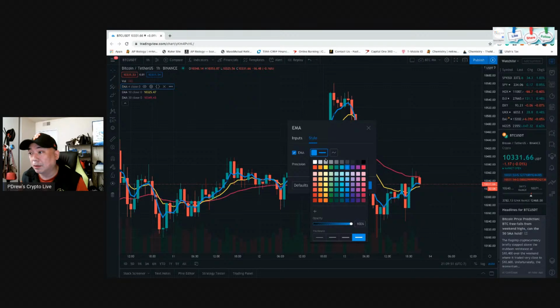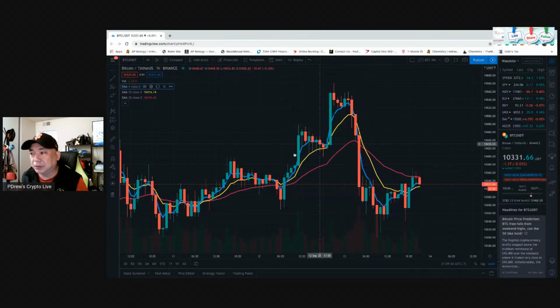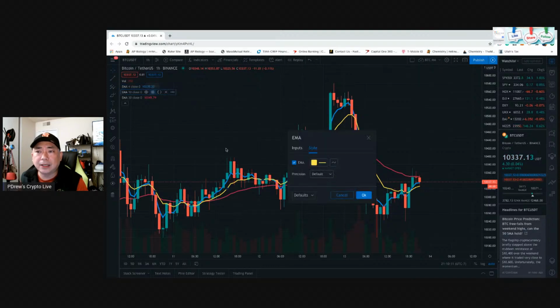So this blue line right over here is the faster EMA. Sorry, my bad, slower. All right. And then the second EMA is 10, and you assign a yellow color for that one.